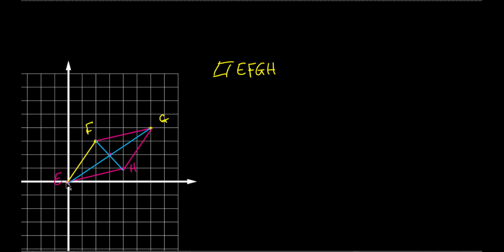So what are the points? 1, 2, 3. So 2, 3 is F. So F is at 2, 3. And G is at what? 1, 2, 3, 4, 5, 6. So G is at 4, 6. Yep. There you go. That's the easiest way to do that one, I think.